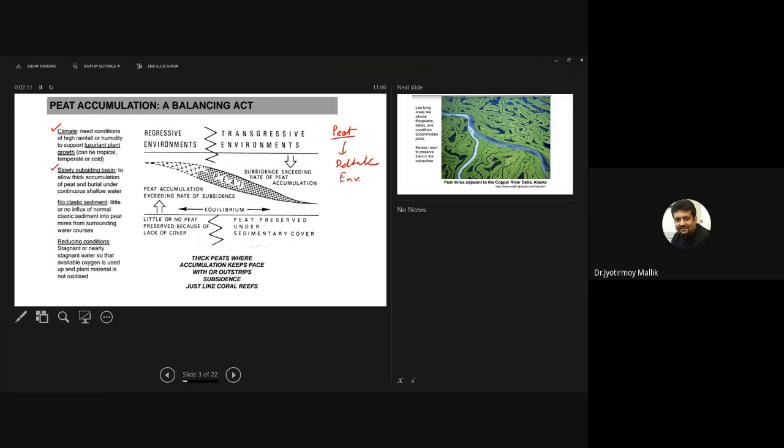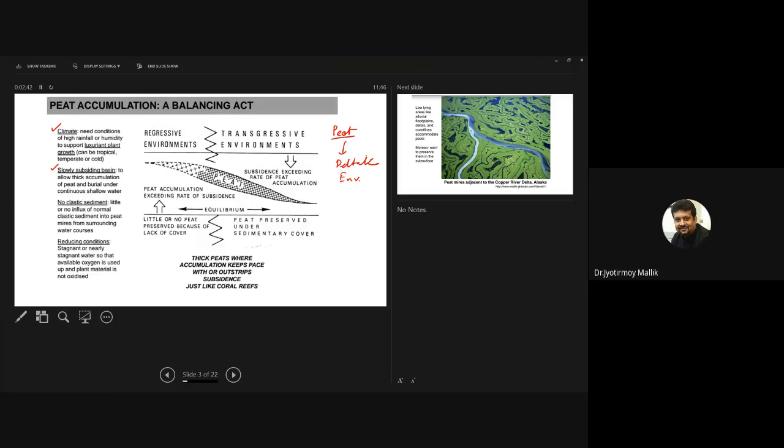The third, you will not want a lot of heterogeneous influx into your slowly subsiding basin where peat is being formed, because first of all it creates an oxic environment because of the churning that happens due to such heterogeneous influx. And by heterogeneous influx, I mean that there must not be a lot of rivers in the area where the peat is being formed.